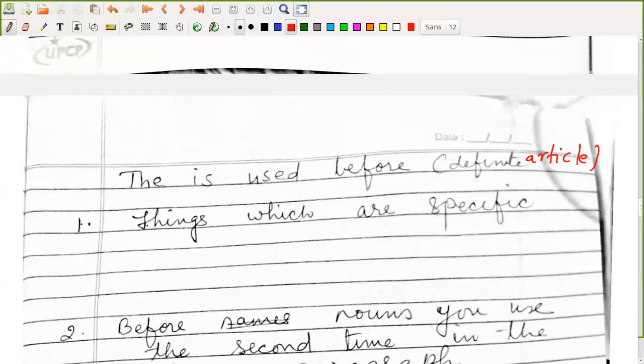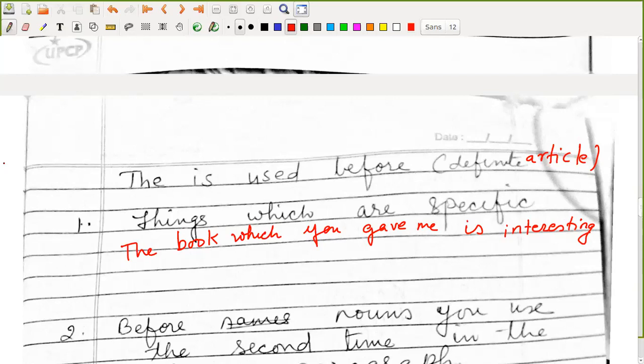If I say the book which you gave me is interesting. So here you are not talking about any book. You are talking about that particular book which your friend gave you. So here you are using the before book.